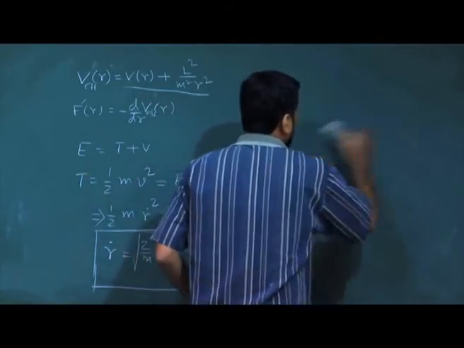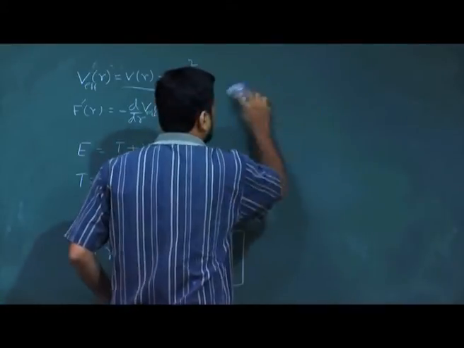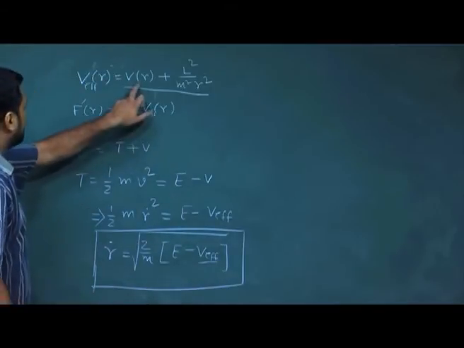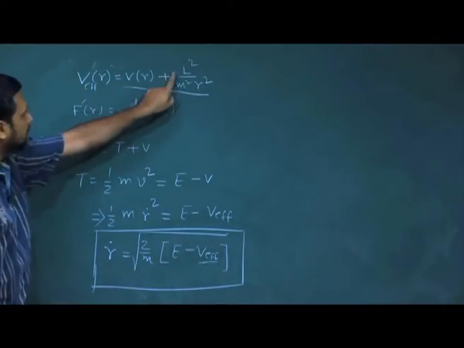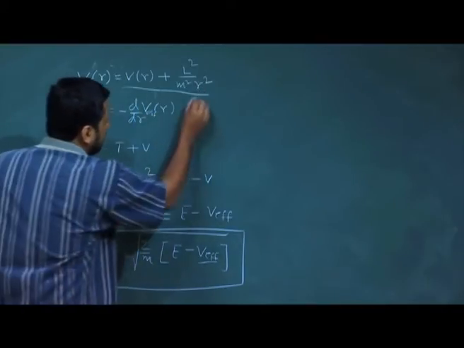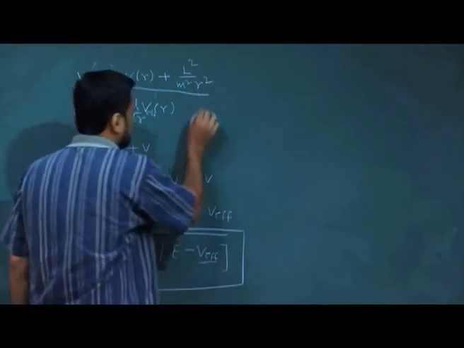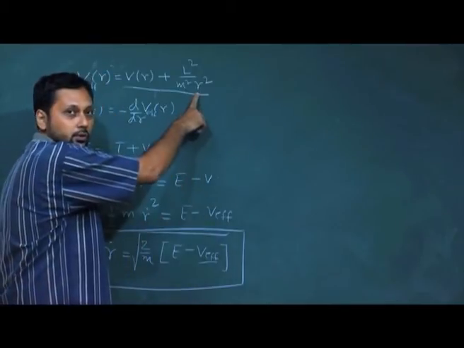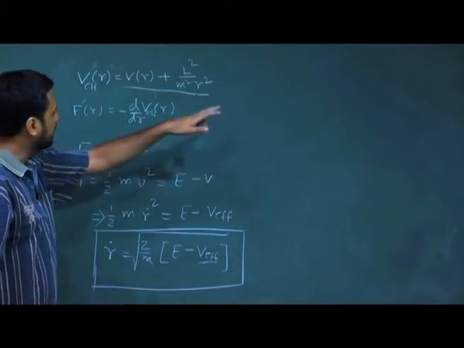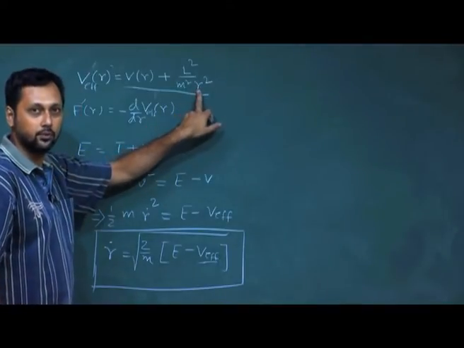Right now we are not sure about the functional form of V effective. We know that one term will be L square by m square r square. If you examine carefully, at r equal to 0, this term is divergent, and at r equal to infinity, this term gives you 0.